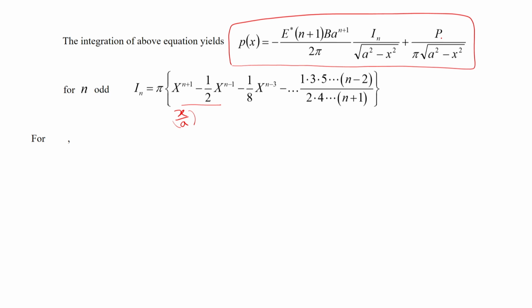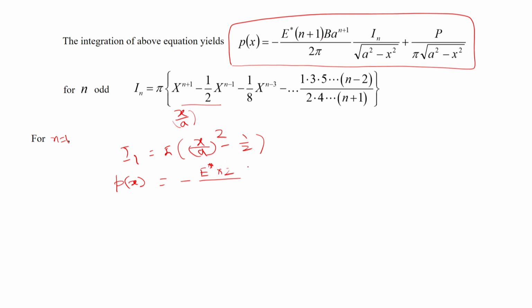So, now n is odd, and for n equal to even there is also another form that I had given. So, for n is equal to 1 here, we will have I1 is equal to pi times (x by a) square minus half, that is it. So, therefore P of x will be minus of E star, where E star is E by 1 minus sigma square, Poisson ratio square, n is equal to 1.